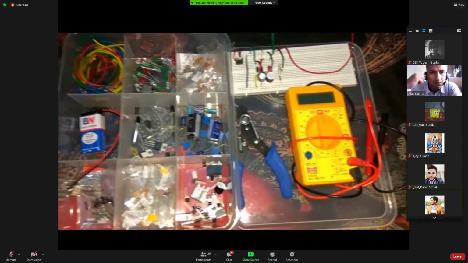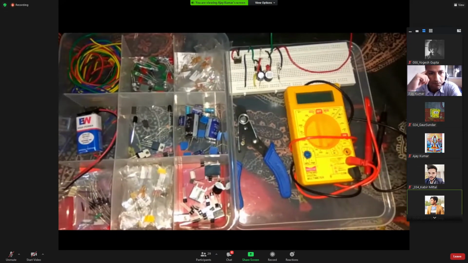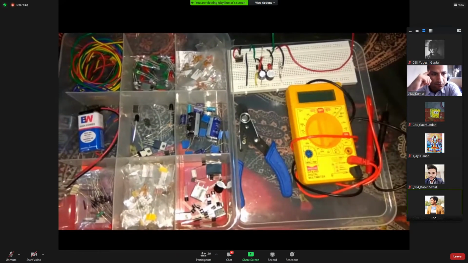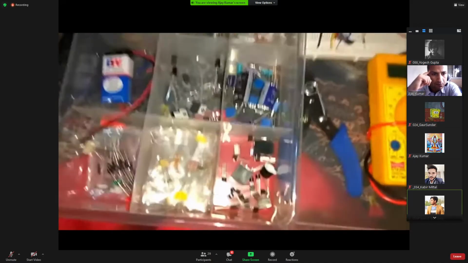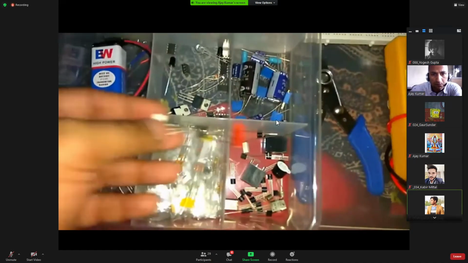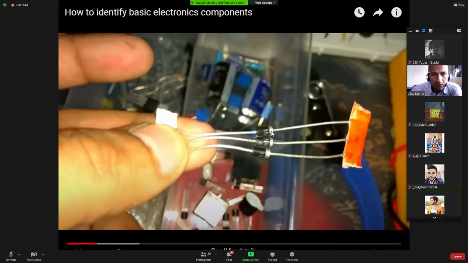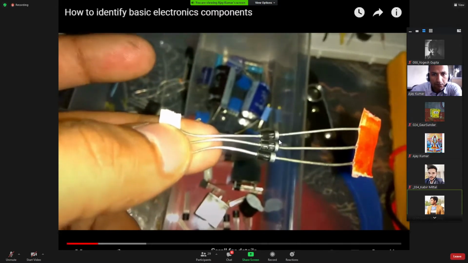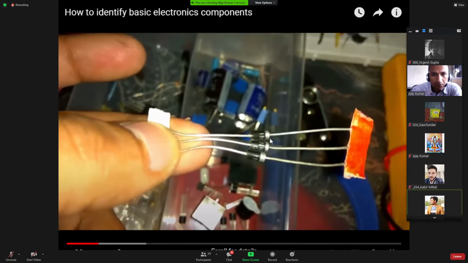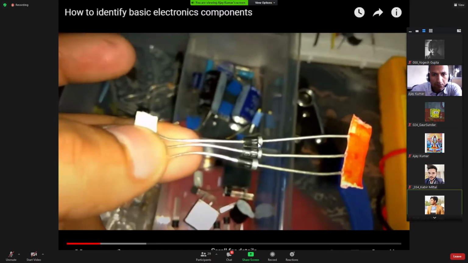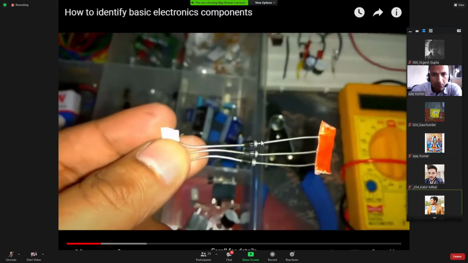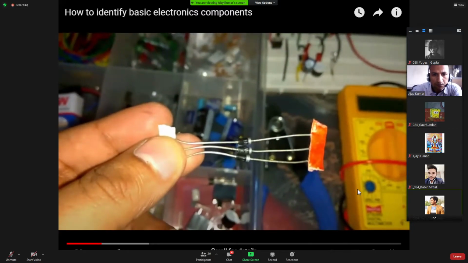So let's move toward the first type of diode, which is the PN junction diode. So how does it look? Friends, this one is the PN junction diode. In the market, it is available by the name IN4001.